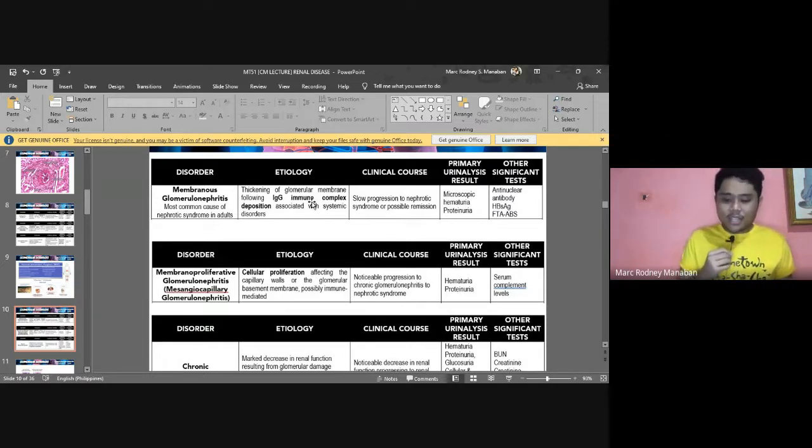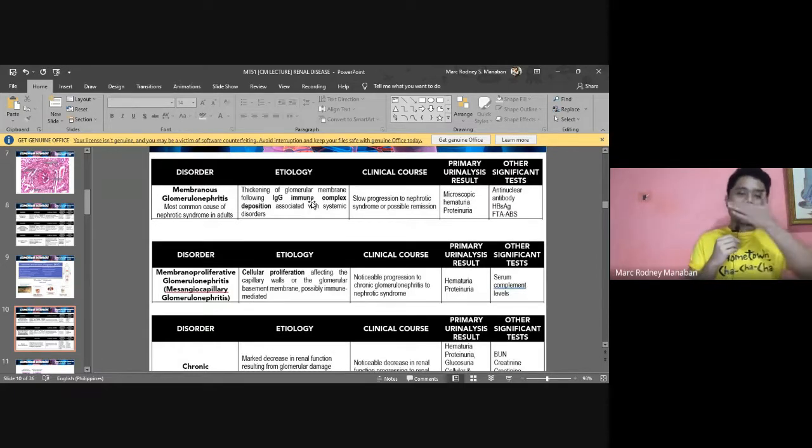Now, other significant tests, of course, you have ANA, anti-nuclear antibody, for SLE. You have HBsAg, since it is possibly secondary to hepatitis B infection, and you have fluorescent treponemal antibody absorption test, FTA-ABS, for cases of syphilis.